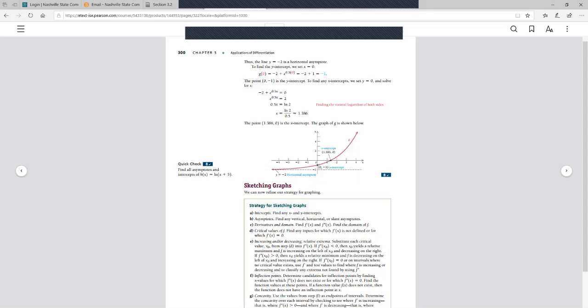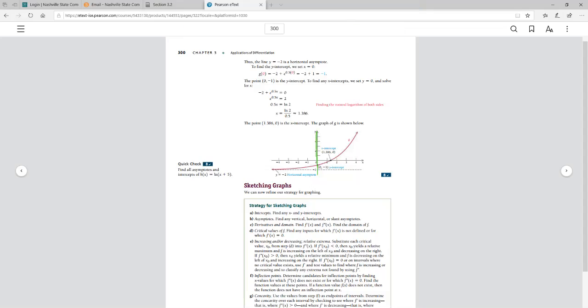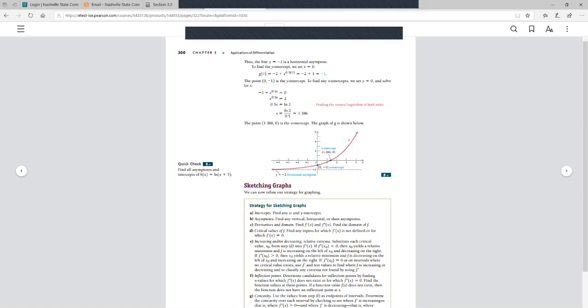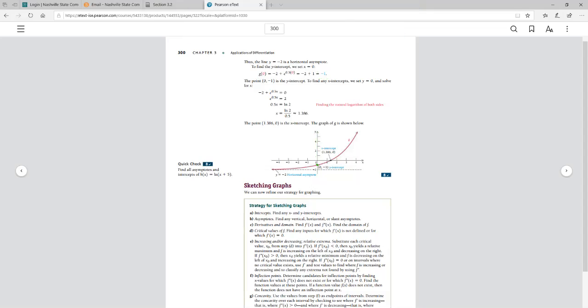Because if x is equal to 0, you know that the graph has to cross somewhere on the y-axis because x is equal to 0 for all of these points. And if you plug 0 in for x, you realize that the y value is -1. So the point 0, -1 is going to be the y-intercept.